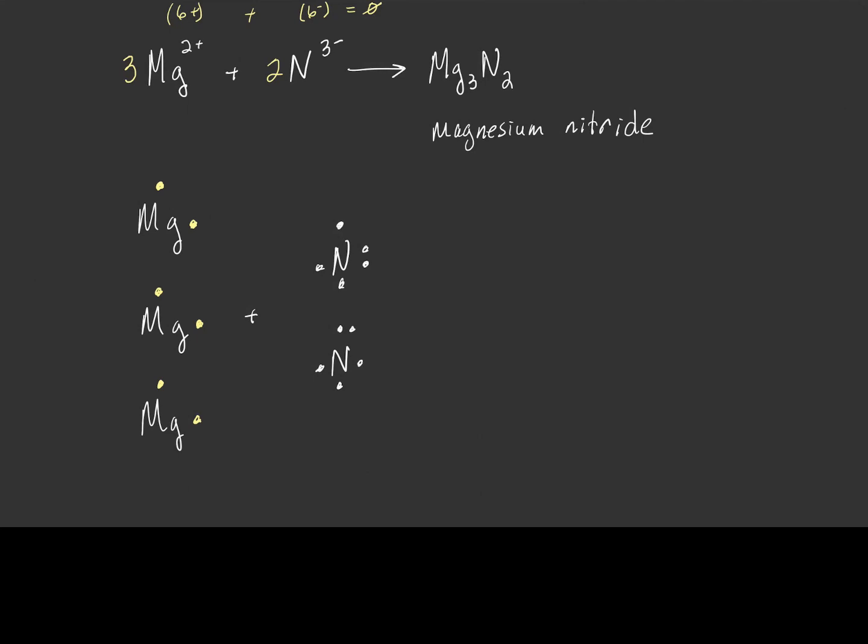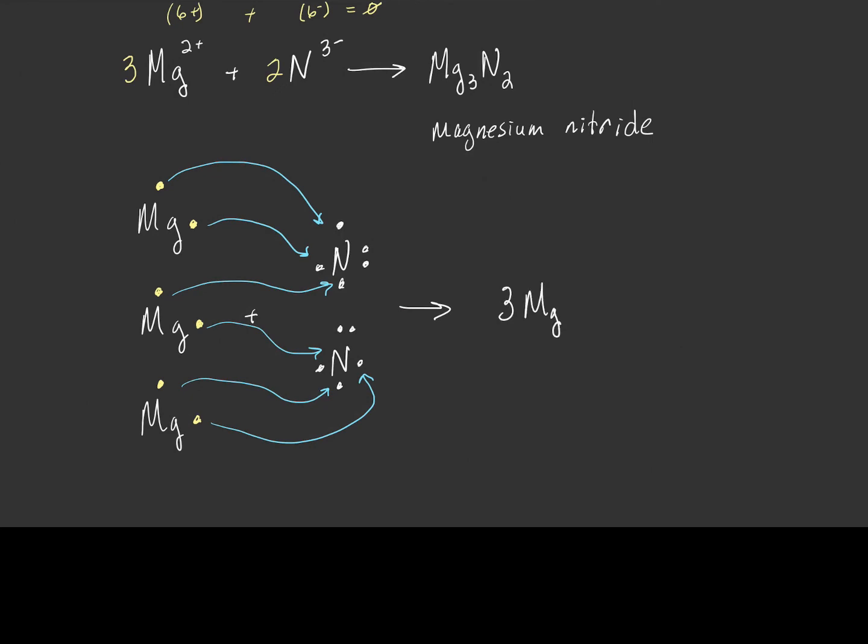So this nitrogen is going to take away 1, 2, 3 electrons, and now there would be a total of 8 around that nitrogen. This nitrogen is going to take away 1, 2, 3 electrons. Draw our yield sign. We have 3 magnesium, and each of them added 2 electrons.